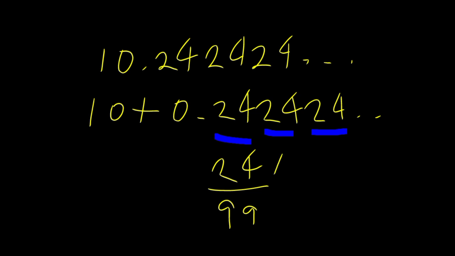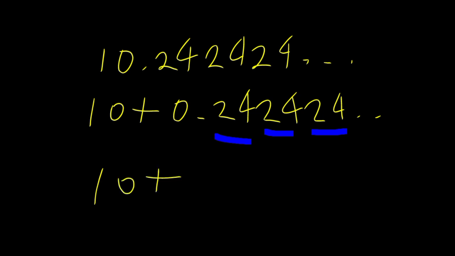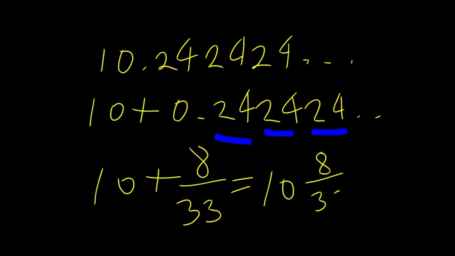So 24 over 99 can also be written as 24 divided by 3 and 99 divided by 3 to get its lowest term. We have 8 over 33. So we'll have 10 plus 8 over 33, which is equal to 10 and 8 over 33.